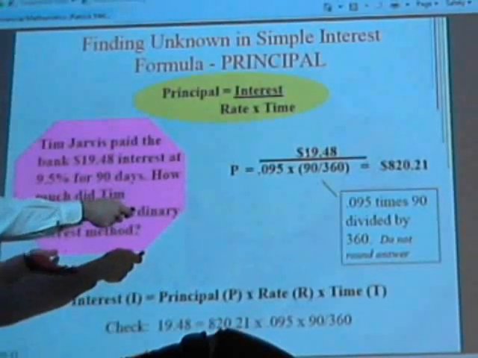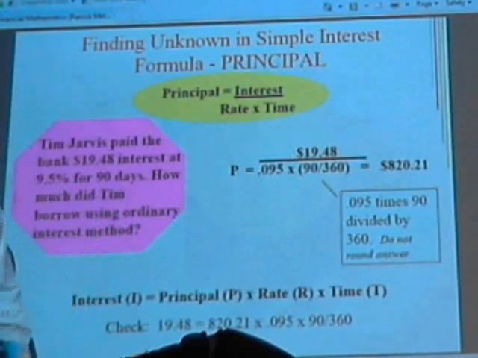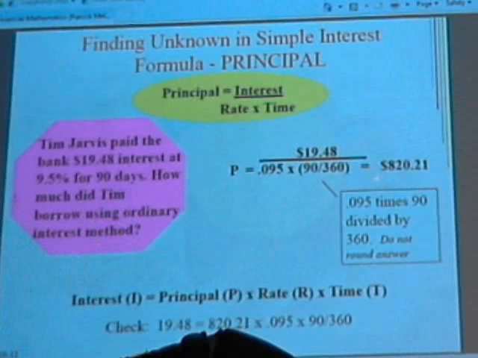So 1948 divided by 0.02375. Did you get the exact answer? Okay. You just follow those steps. So somewhere you're missing a step, you have something out of order, or you're skipping something.